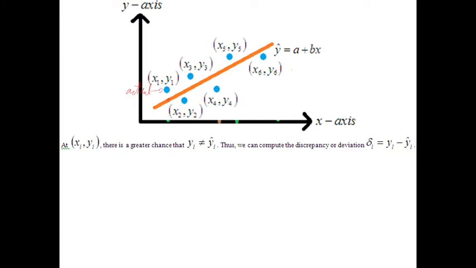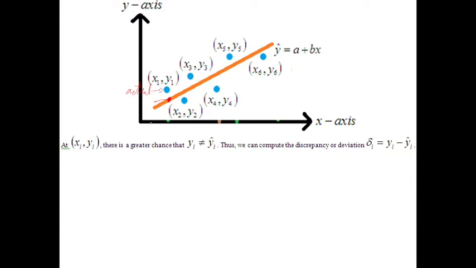And there is now a gap between the actual point and the approximating point. So, this is the approximating point. We first apply the method of least squares, and then after that we can determine this point. Now what's the y1 hat value?